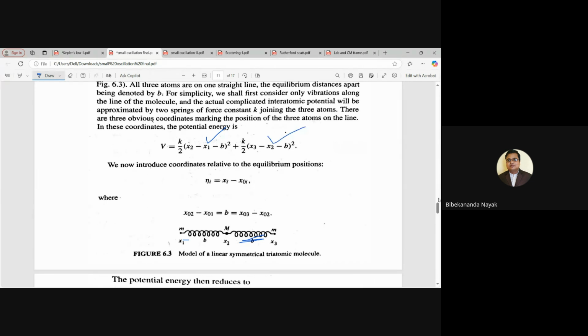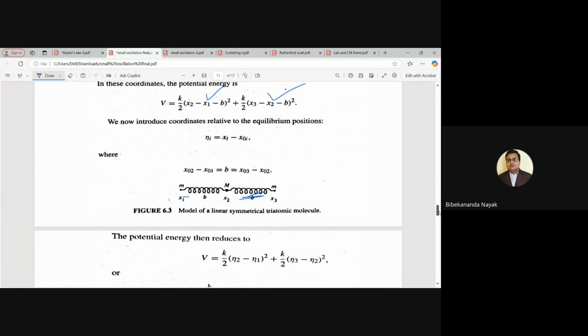Is it not? Hello? Yes, sir. Half kx square. Okay. Potential means plus half kx square, not minus. Force is negative, minus kx. If you take the negative gradient of potential, force is equal to minus kx.